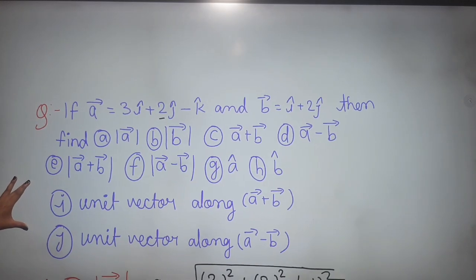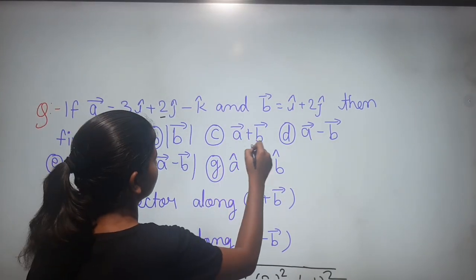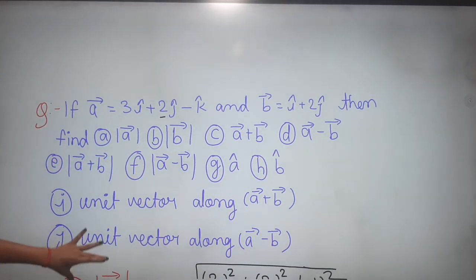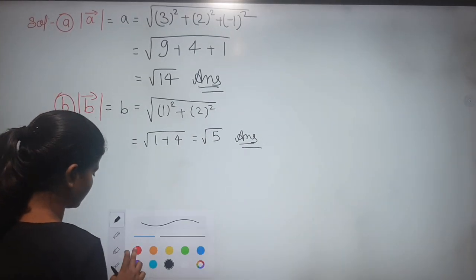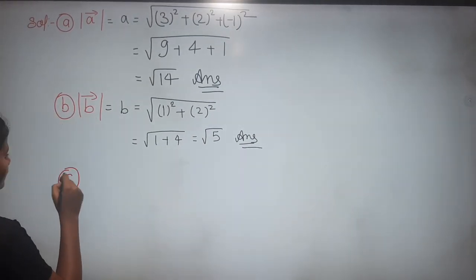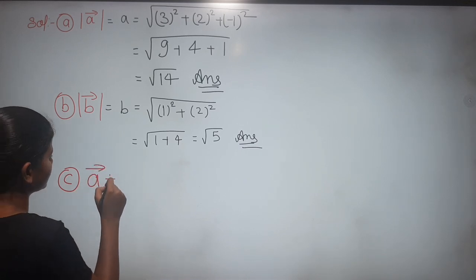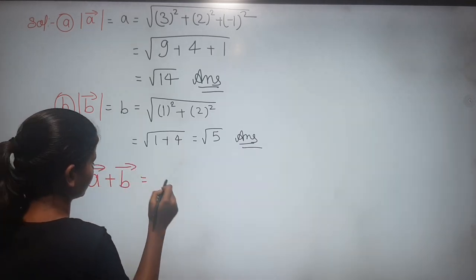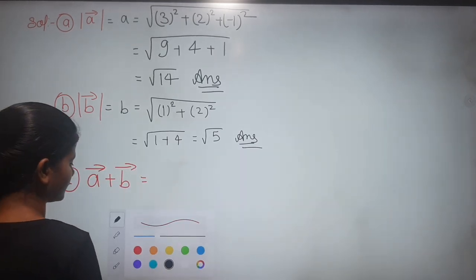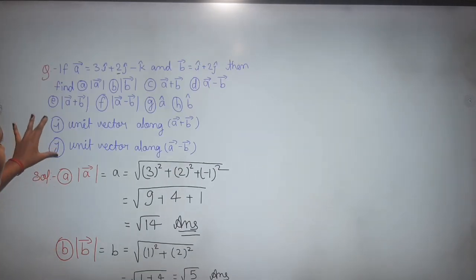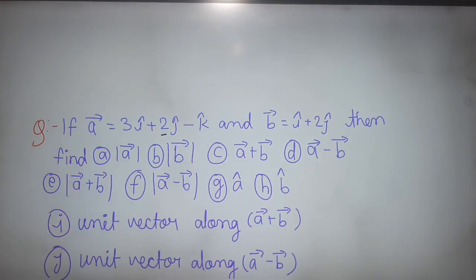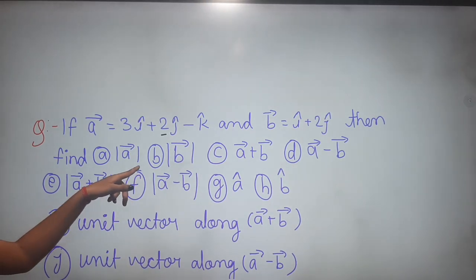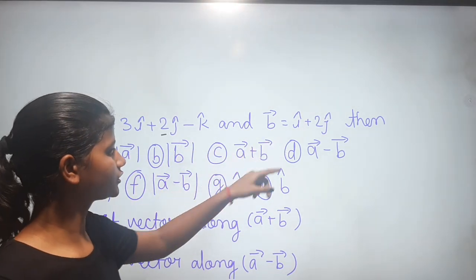Now we have to find A vector plus B vector. So here our A vector is 3 i cap plus 2 j cap minus k cap, plus i cap plus 2 j cap.